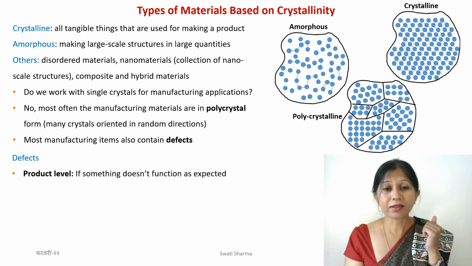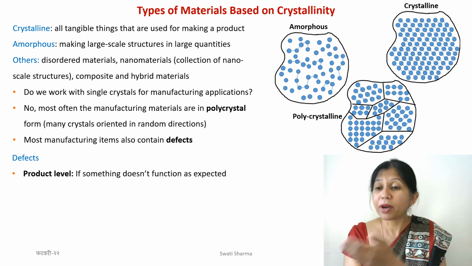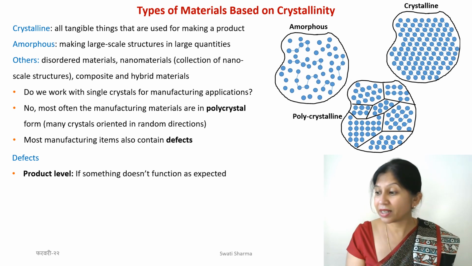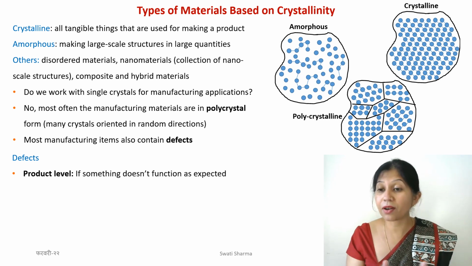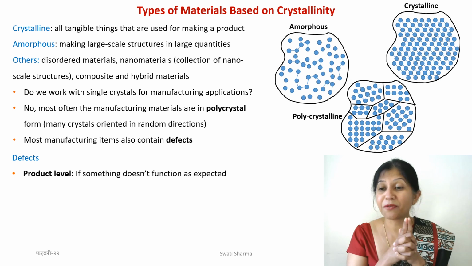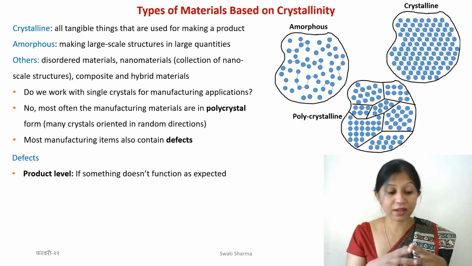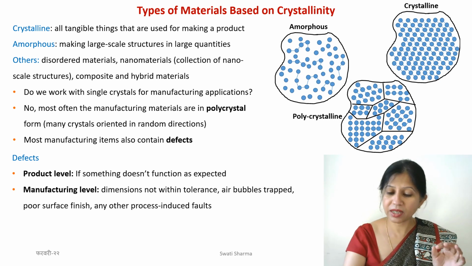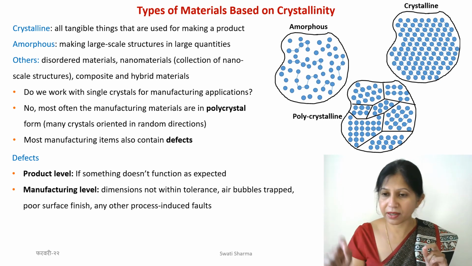You say this is a defective product. Are you talking about the point defects that you learned in semiconductor physics? The answer is no. This is a completely different level of defect. This is the defect at product level. If a product does not function as we expect it to, then we call it a defective product. So these are the product-level defects.